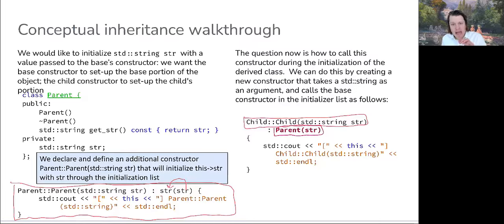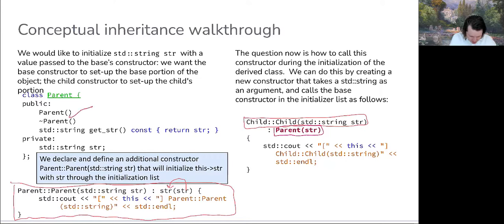In this case, parent is the name of the constructor. And which constructor are we calling? That which takes a single string argument. How do we know that? Well, we're passing a string argument to the constructor. The compiler will look and go, okay, does the parent have a parameterized constructor that takes in a single string argument? Okay, it does. We're using that one.